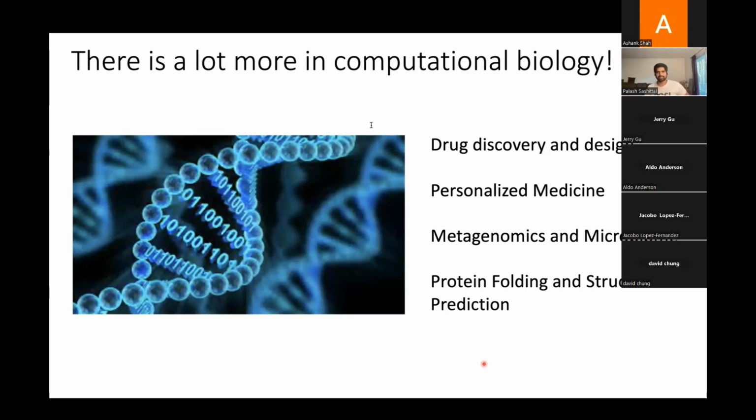The answer is that the most recent kind of technology that people have started to use now is known as single cell sequencing. In single cell sequencing, you take single cells from the tumor, isolate them, and independently sequence the genome of each of these cells. Now you have sequencing reads for each cell. You can get, I think, even 1 million cells these days, but let's say you get a few thousand cells.